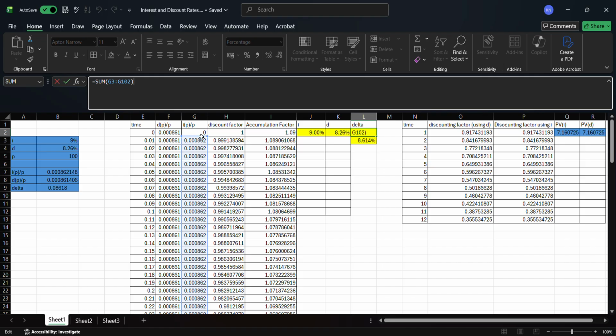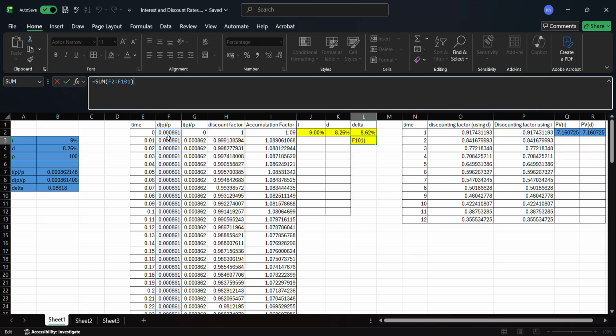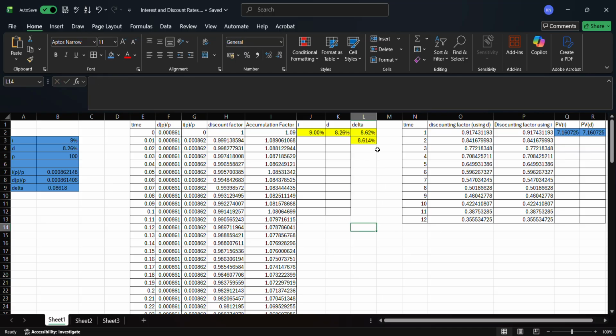As you can see, I calculated my delta the same way I calculated the nominal rate convertible p-thly, by summing all of this up. I did it both ways, and as you can see, they're approaching this 8.618. This one is very close now, at 8.62. This one is at 8.614.